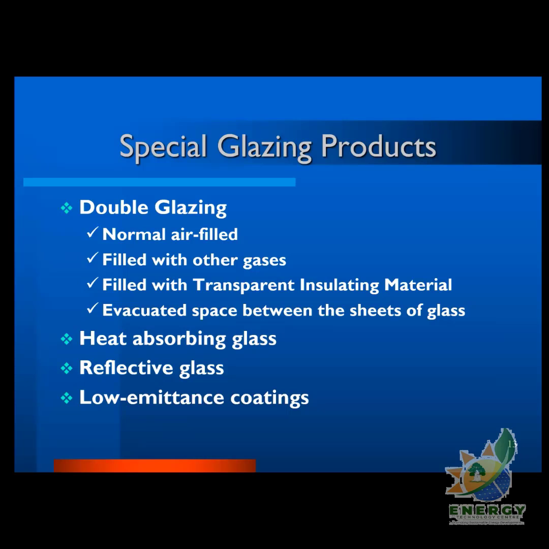Glazing types, we have different products that are available. Double glazing, where you can have the gap as an insulation area, or filled with other gases, or filled with transparent insulating material.